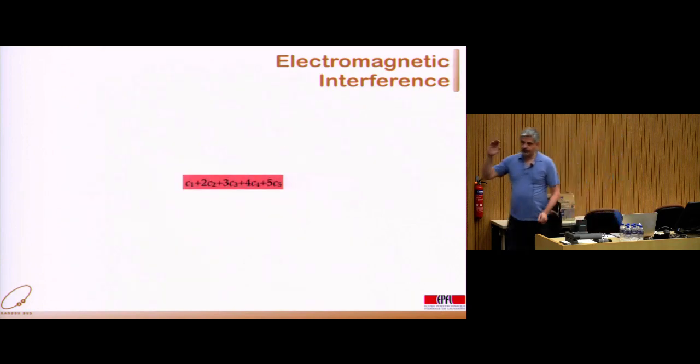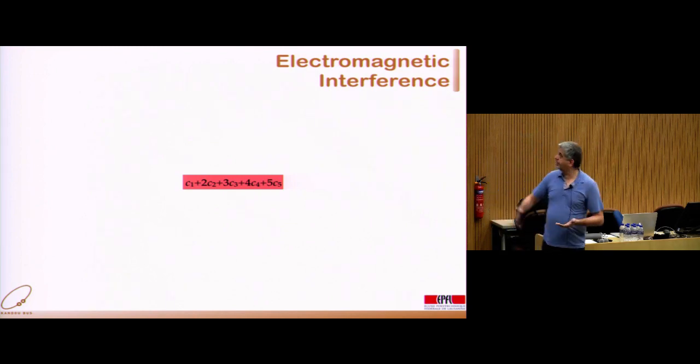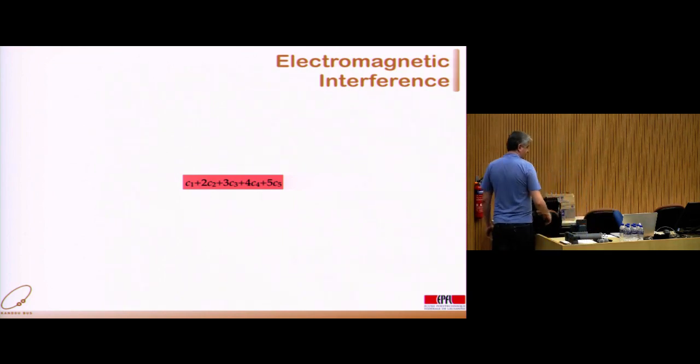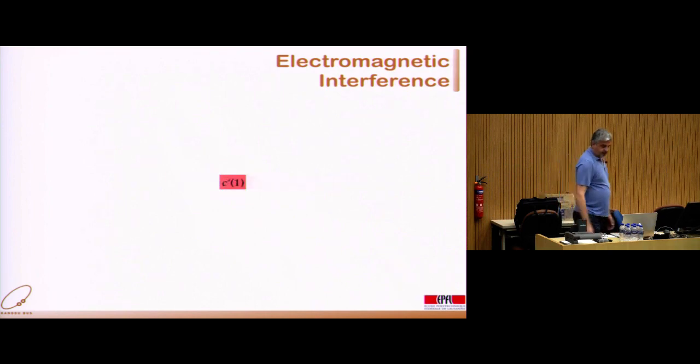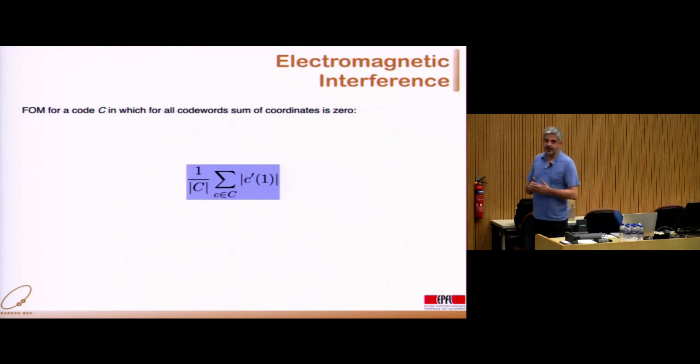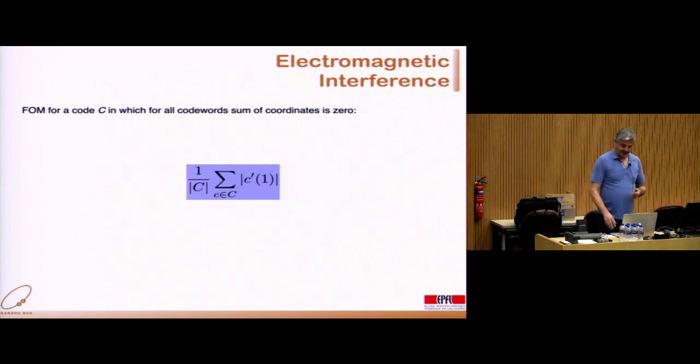So if the values you put on the wires are C1, C2, C3, etc., on average, the value of the figure of merit for the far field is this number over there. Which is, if you look at this C as a polynomial, the derivative of this polynomial at 1. And if I send the code words equiprobably, then this is the figure of merit for the average far field.